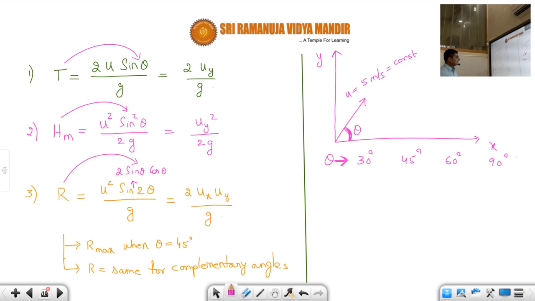Now, as we already discussed in the last session, the range will be maximum when theta is 45.